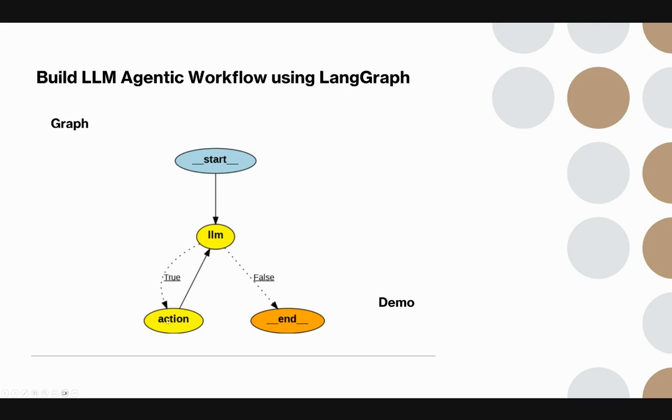The action is basically calling the function, for example, the average dog function or the calculate function, and then you send the results back to the LLM. The LLM will do another reasoning, and if it has to do a second task, it goes back into action to complete that task, and that result is sent back to the LLM. The similar example we saw in the previous demo. And then once there are no more actions to take, you end the process.